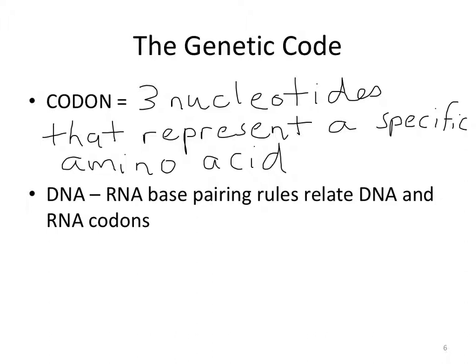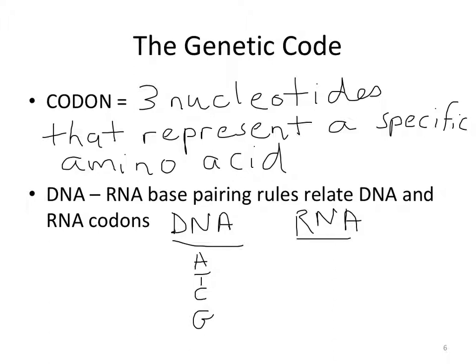The 4 possible nucleotides of DNA are A, T, C, and G. Those correspond to RNA nucleotides: A corresponds to U, T corresponds to A, C corresponds to G, and G corresponds to C.